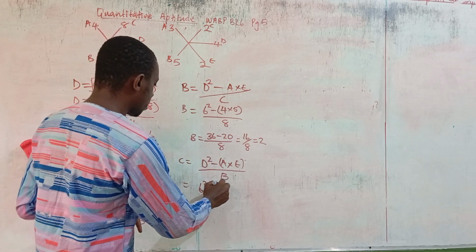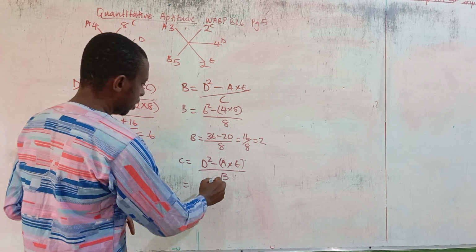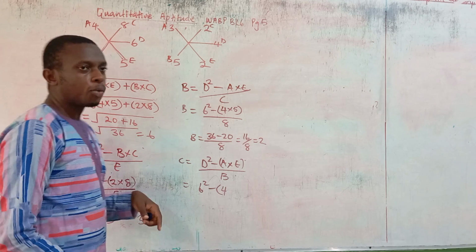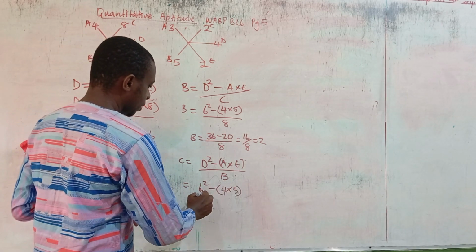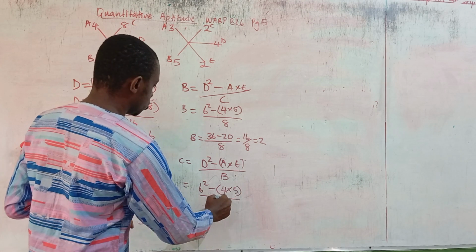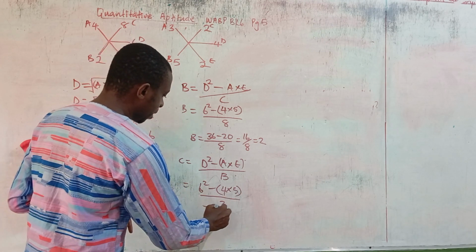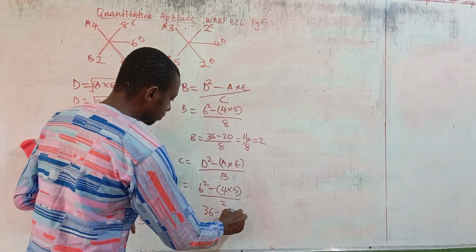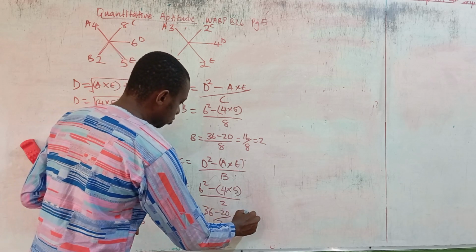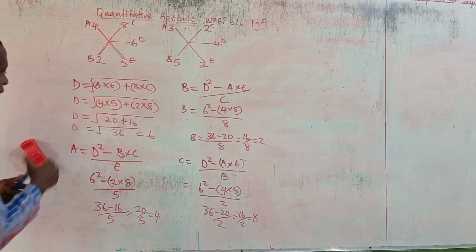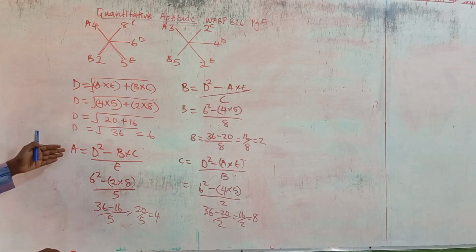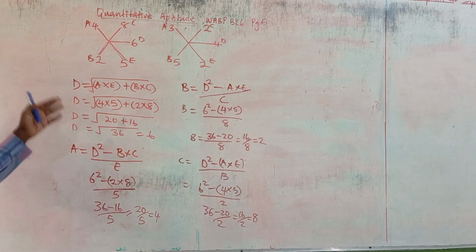It says 6 squared minus, what's A? A is 4. And what's our E? Our E is 5. And our B is 2. So that's 36 minus 20 all over 2. And that's 16 over 2. And that is 8. So we found A, we found B, we found C, we found D.